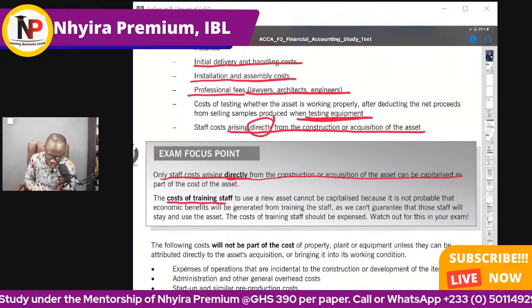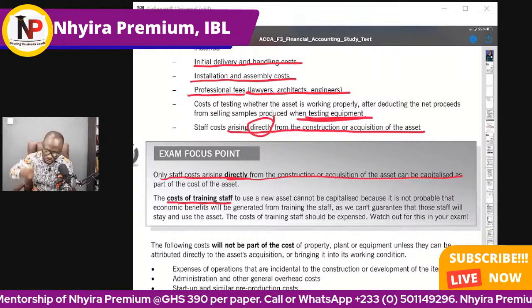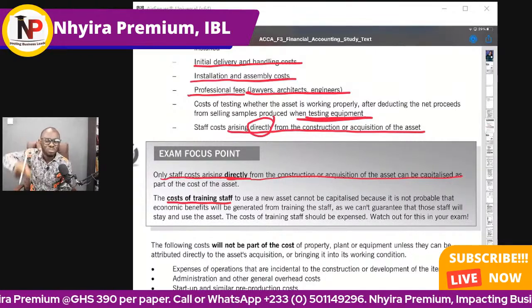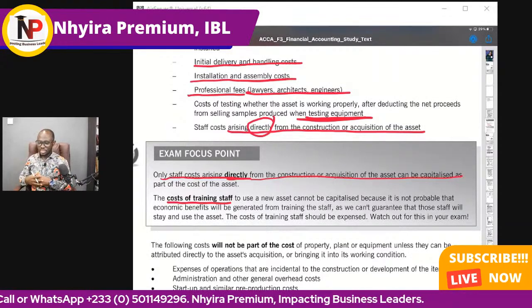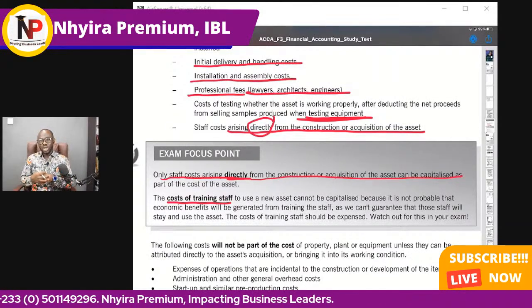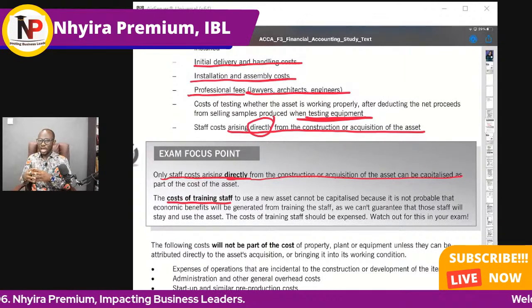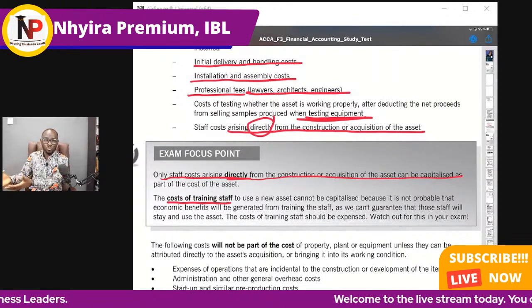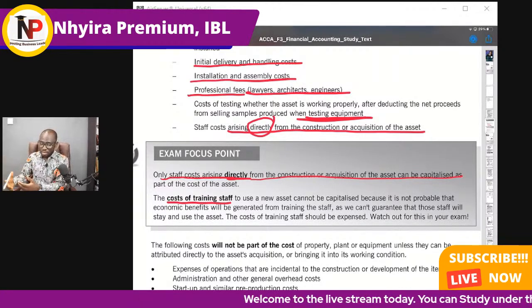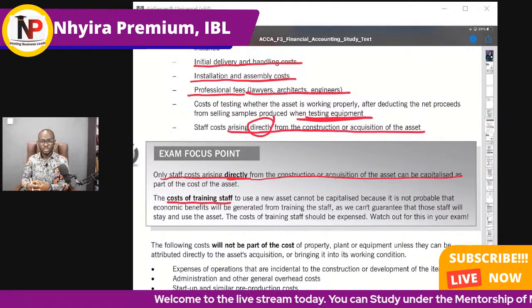The cost of training staff to use the new machine cannot be capitalized. So let's say we bought a new machine, and our people don't know how to use the machine, so they need to go for a workshop. We need to train them to use the new machine.